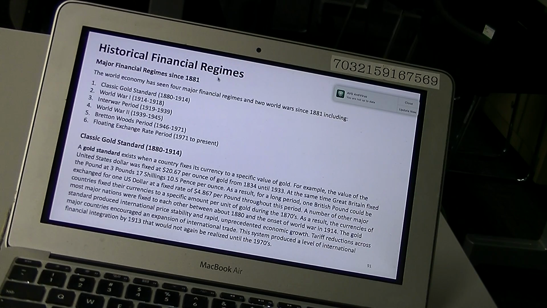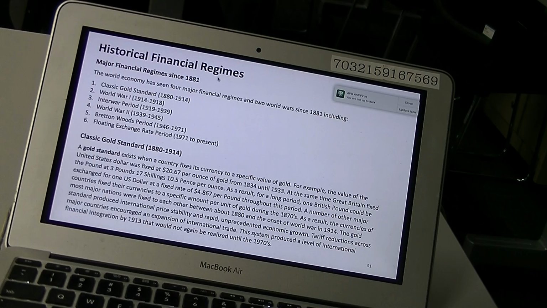And the pound was fixed at $4.867 to 1 pound, and the pound was the major world currency. The U.S. is fixed to the pound. This is from 1833 on.